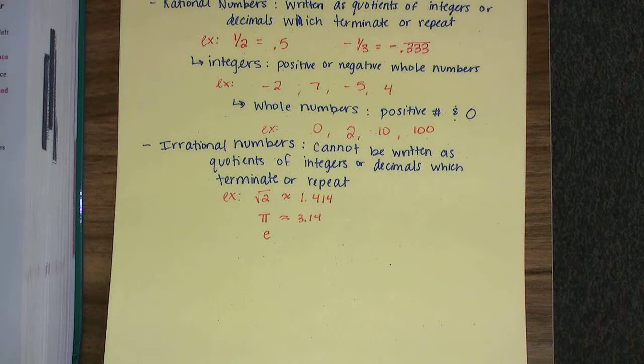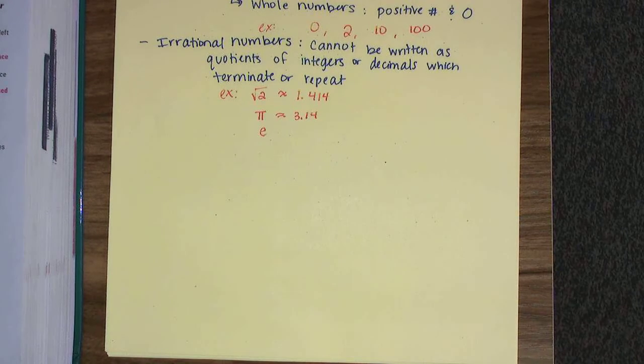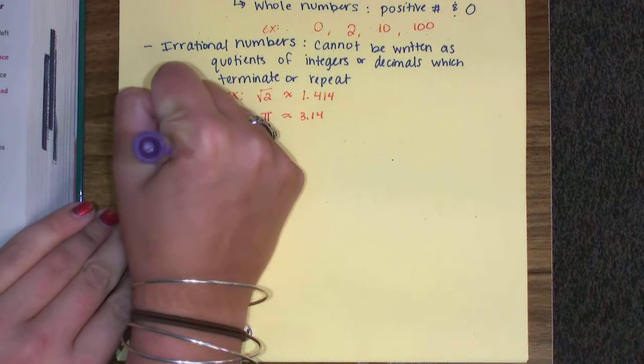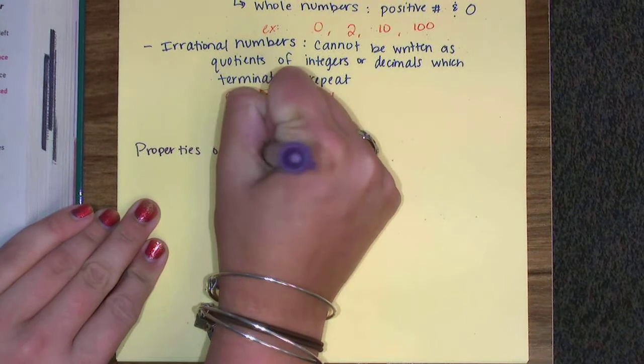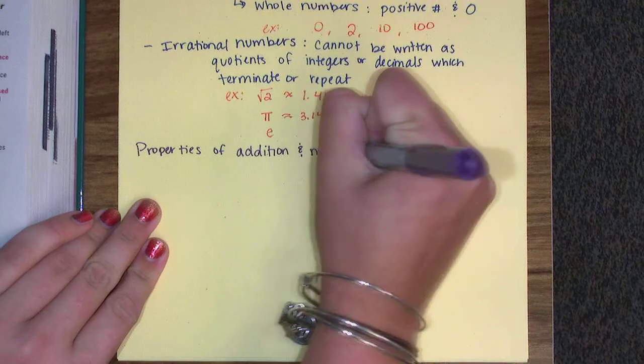So we have some major properties of addition and multiplication, which I hope that you've heard before, but that's not a guarantee. All right, so properties of addition and multiplication.